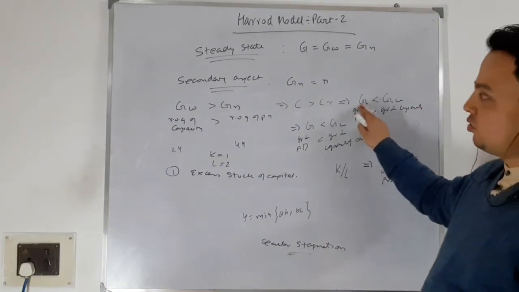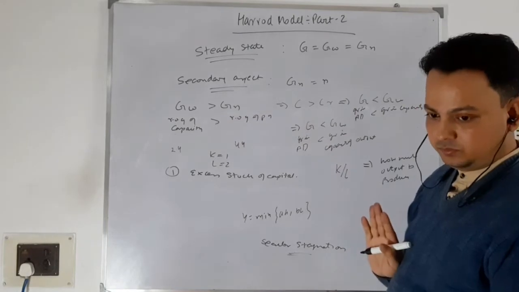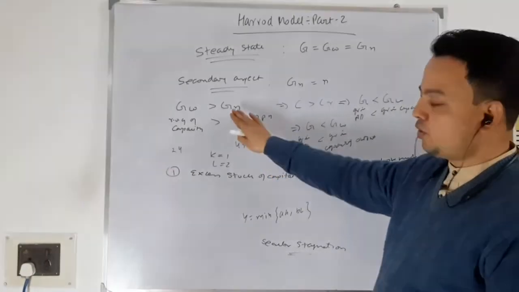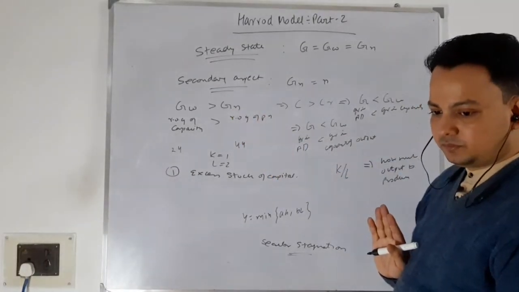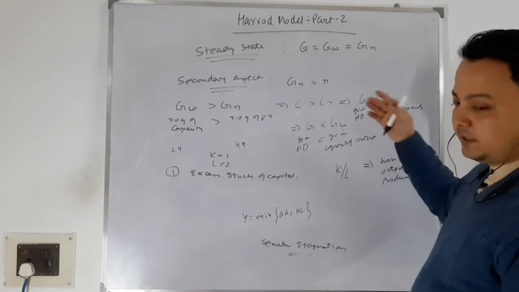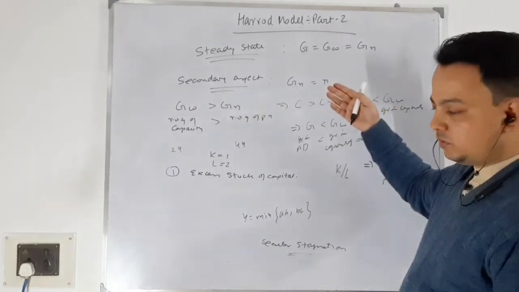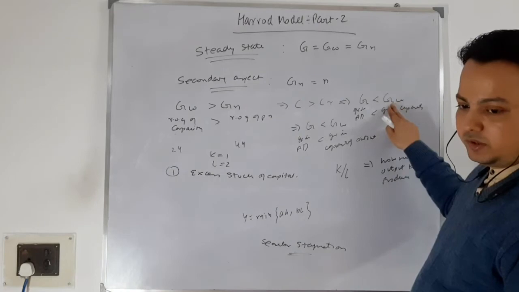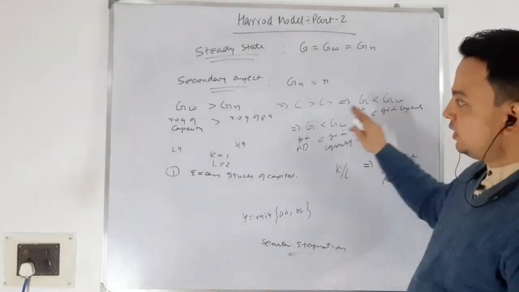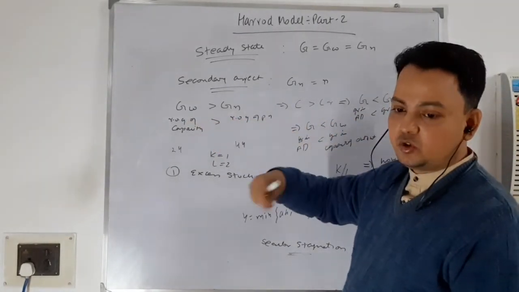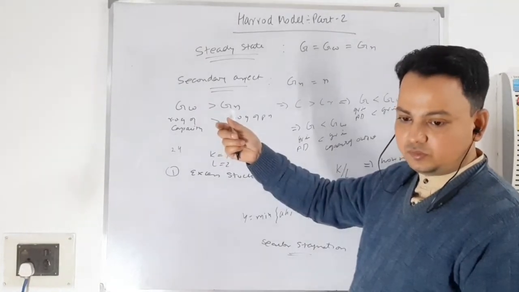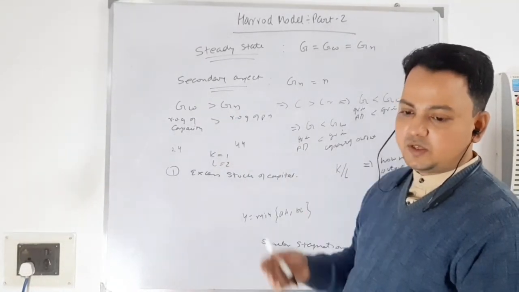What will be the actual growth rate? It will be equal to GA, because that is the maximum possible growth rate. But given that capital stock is growing faster, this is the variable growth rate. I cannot use that additional capital stock. So what will happen?